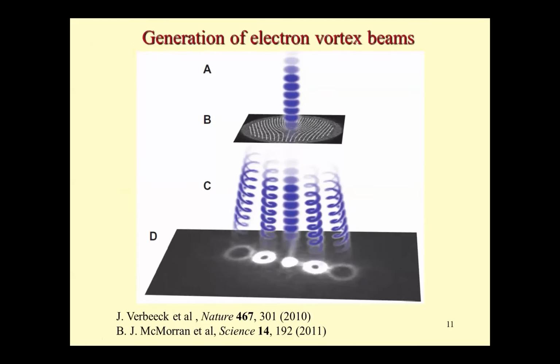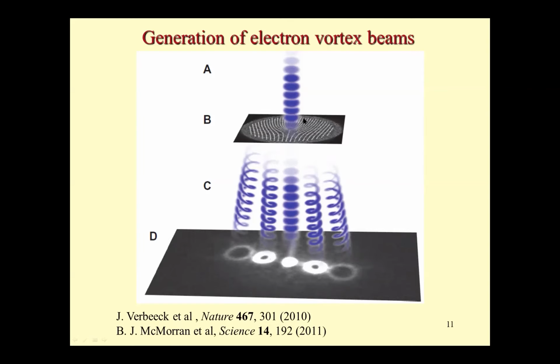In fact, what gave us and others the motivation for this is the work by Verbeek and McMorran about 10 years ago, where they showed how to generate vortex beams using these amplitude masks. Here is just an electron beam, and this mask converts it into a beam that is split into multiple orders.